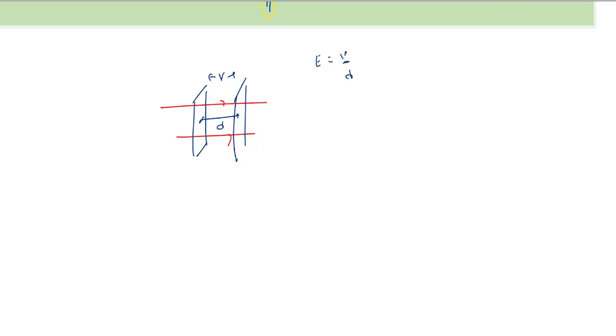This form is very useful if you have a case where the electric field is uniform. Keep in mind that V is the difference in potential between the two surfaces, not the potential on any one surface. So this is the relationship between electric field and electric potential.